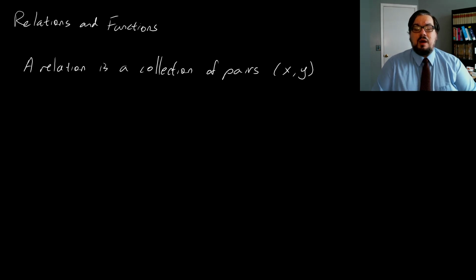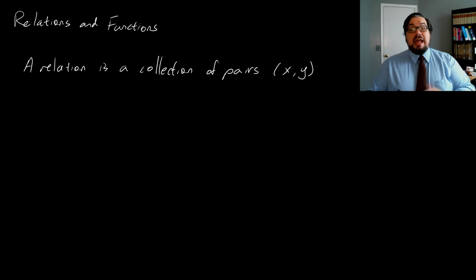x comma y, where x and y can be anything. They can be numbers, which is how we usually deal with them, but they could be people, they could be times of day, they could be all sorts of things.